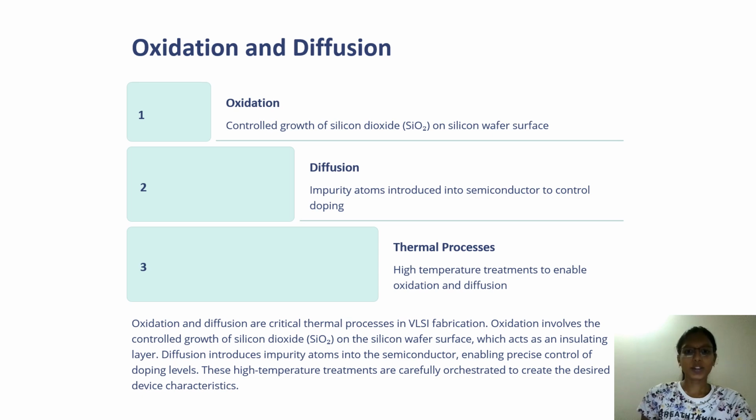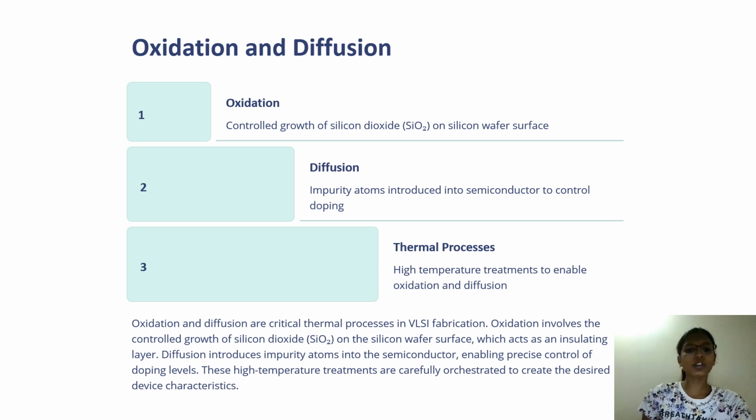Oxidation and diffusion. Oxidation: controlled growth of silicon dioxide on the silicon wafer surface. Diffusion: impurity atoms introduced into semiconductors to control doping. Then I have thermal processes, high temperature treatments to enable oxidation and diffusion. Oxidation and diffusion are critical thermal processes in VLSI fabrication.